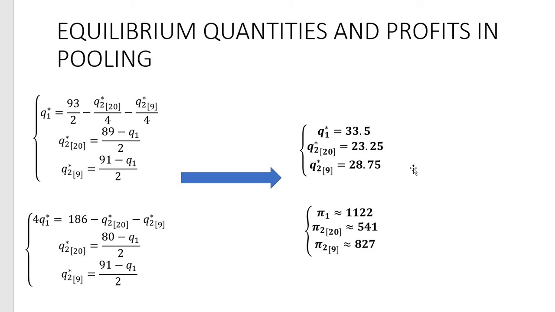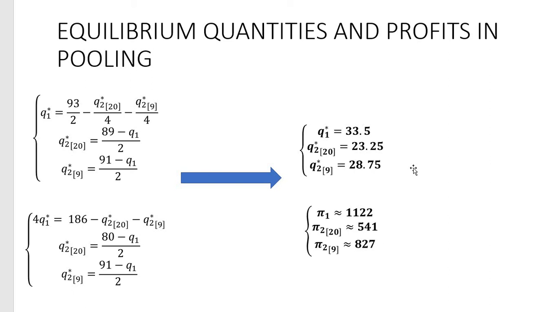In the pooling equilibrium, if the first firm does not try or cannot figure out the true marginal cost of the second firm, the first firm is going to produce 33.5 units. The second firm, if its marginal cost is equal to 20, is going to produce 23.25 units. And if marginal cost of the second firm is equal to 9, then the second firm will produce 28.75 units.